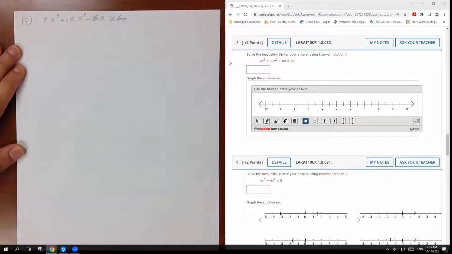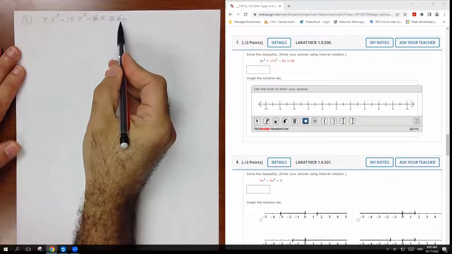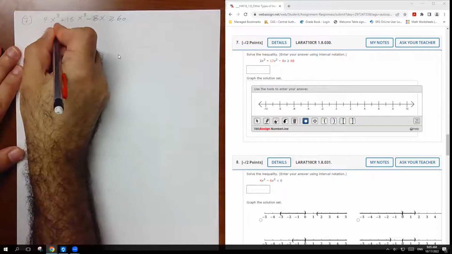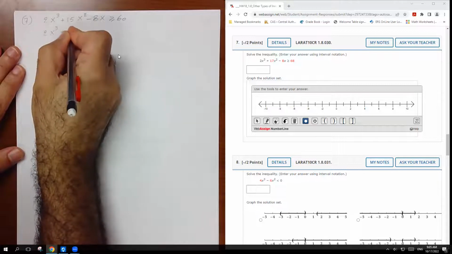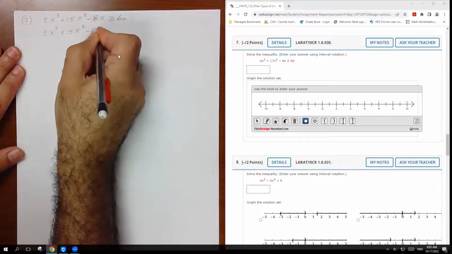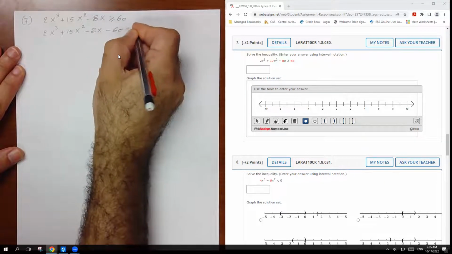So this one is exactly like example 7. Let's work on this one, just different numbers. So the first step, we're going to move the 60 to this side. So it's going to be 2x cubed plus 15x squared minus 8x minus 60 equal to 0.